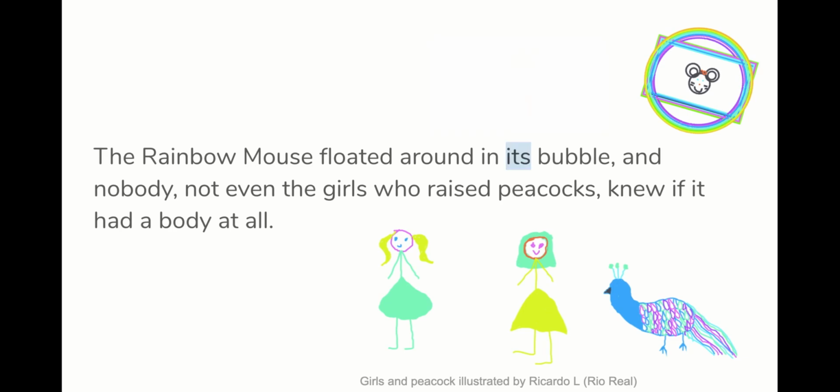Well, it's not it is bubble. That doesn't make sense. So it's its bubble. Now this is a little tricky because normally if you're showing possession, you are going to put an apostrophe and an S after that word. But this is an exception. Its bubble is already possessive. It doesn't need an apostrophe.